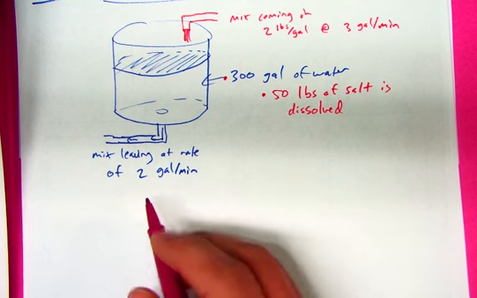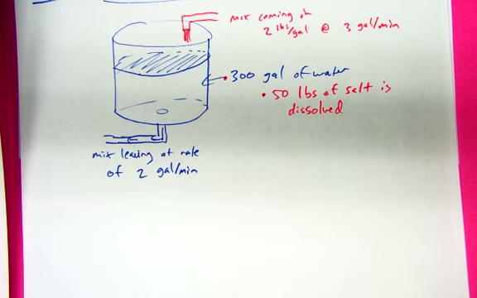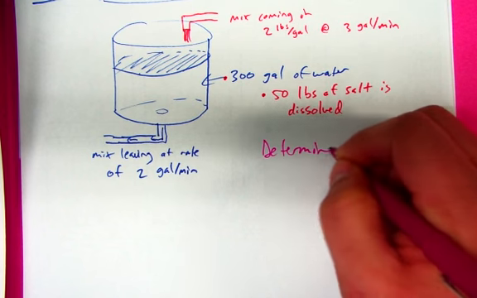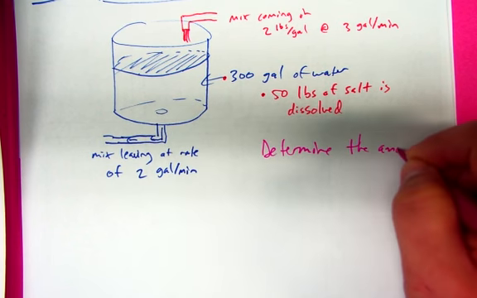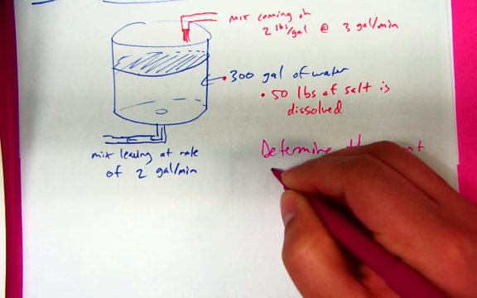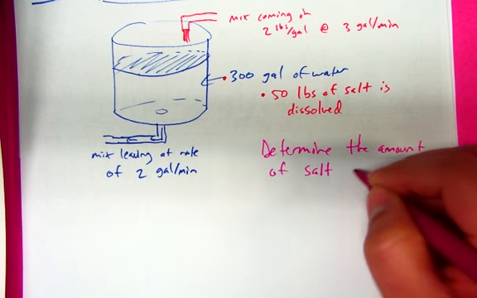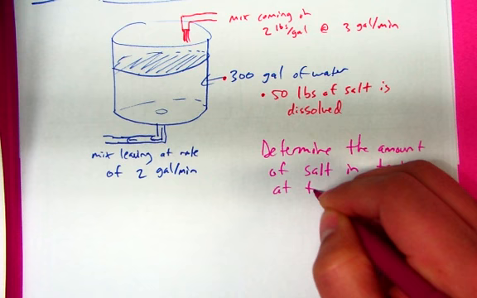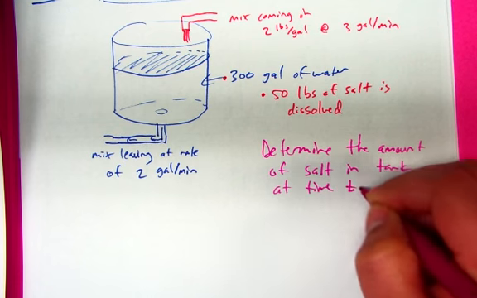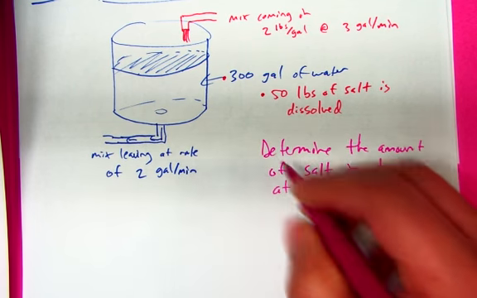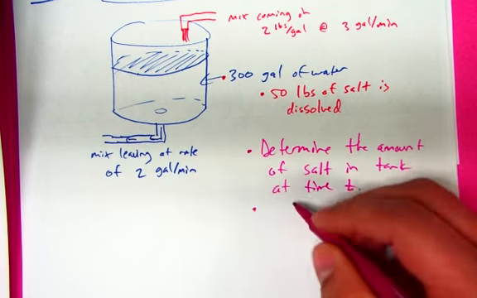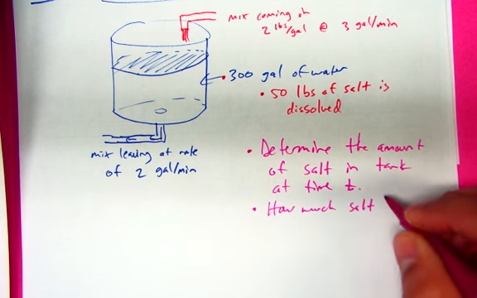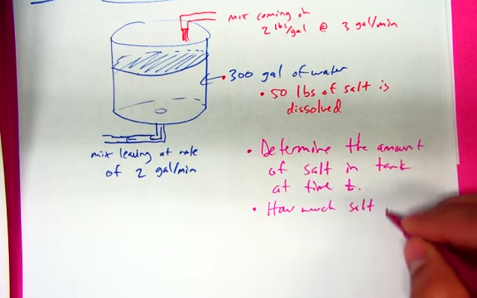So we have to come up with an equation so that we can determine the amount of salt in the tank at time t. We also want to say how much salt is present after 1 hour.